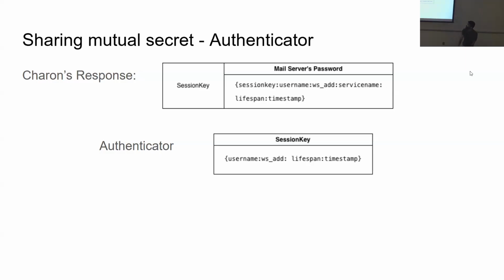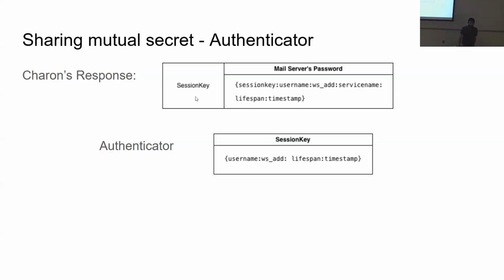If you look at this, we have prepended a session key to the ticket. Just keep in mind that the session key is not communicated to the mail server yet, because this response is from Sharon only to Bob, and it's Bob's responsibility to communicate this session key to the mail server correctly.